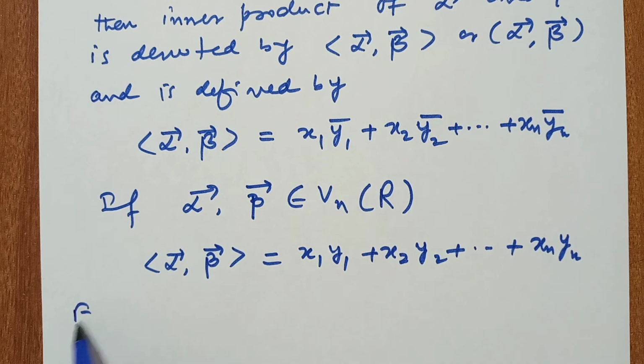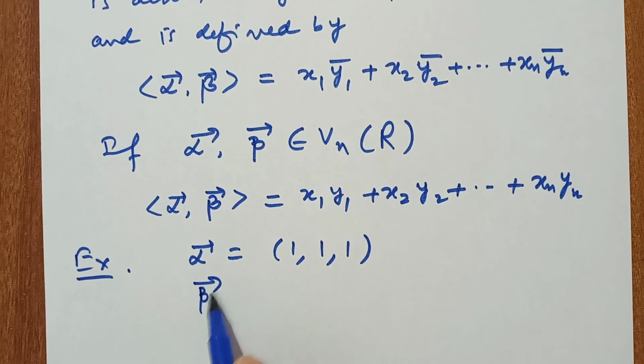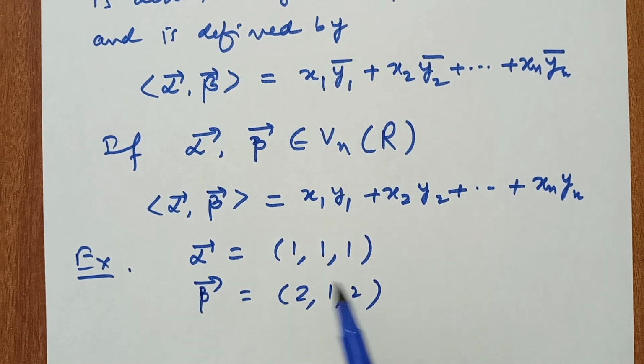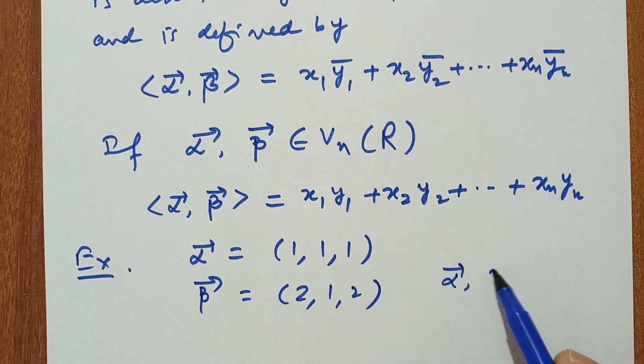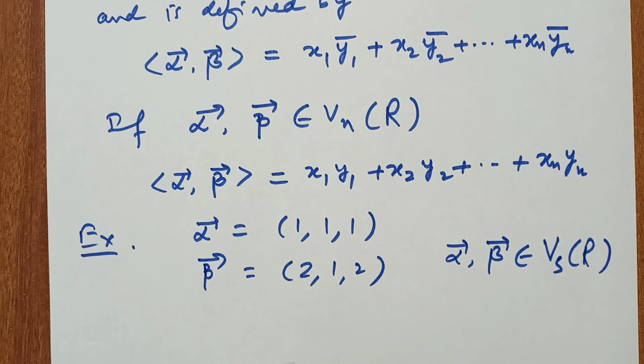Now some examples. If alpha is equal to (1, 1, 1) and beta equal to (2, 1, 2), so this is three-dimensional space, where alpha and beta belong to V3(R). Then we calculate the inner product of alpha and beta.